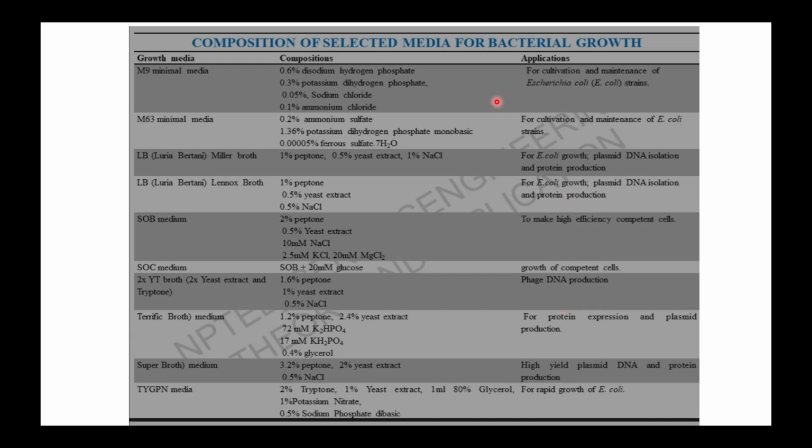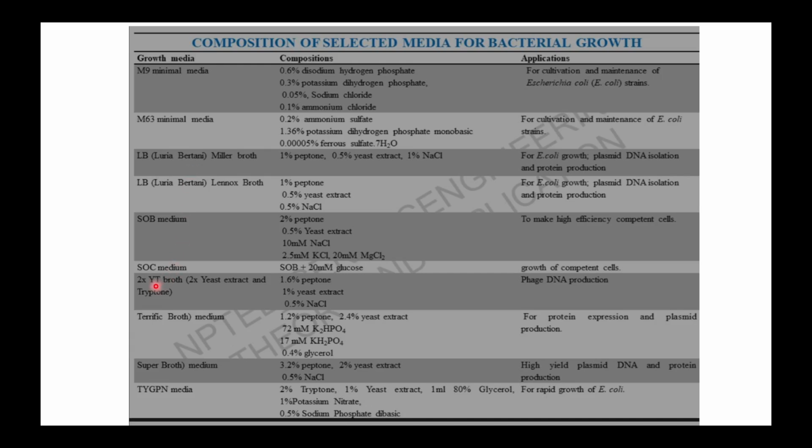And this is again a very broad table of what compositions are there, and the commonly used growth media for growing bacteria. See, there's LB media, which is very commonly used in laboratories for protein prep and cloning activities.